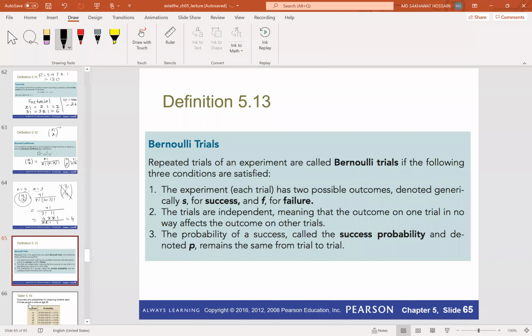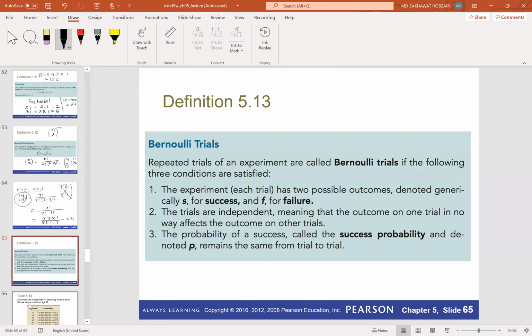Trials means, for example, if our experiment is flipping a coin, and we flip a coin once, this is 1 trial. If we flip a coin twice, then we have 2 trials. If we flip a coin 5 times, then we have a total of 5 trials. So each flip is called 1 trial.